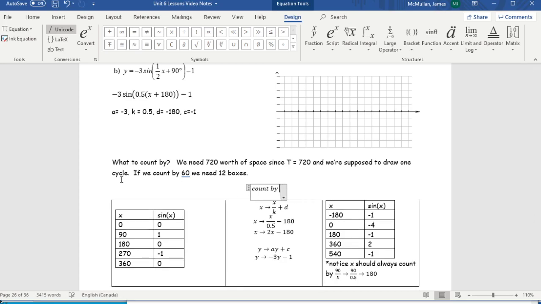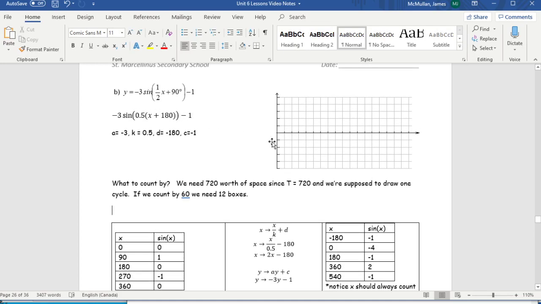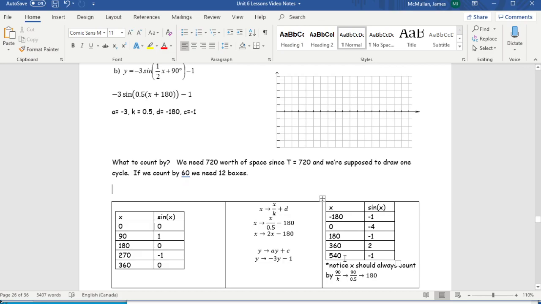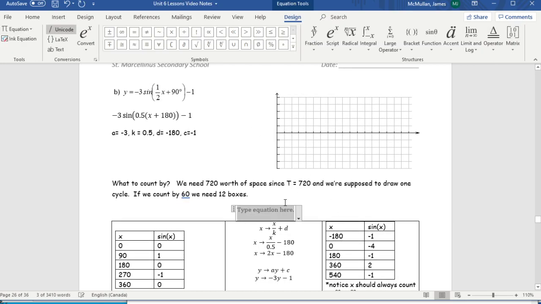Let's just leave it. I think you'll just have to figure it out. I can't think of a good, easy way to always be right here. So I would just say recognize how much space you need and then count by a reasonable number to get there. Your options are 15, 30, 45, 60, 90, 180, or 360, I would say, are typical options.